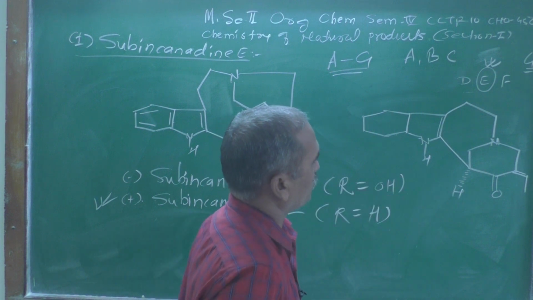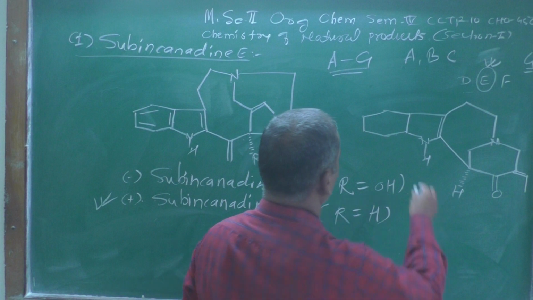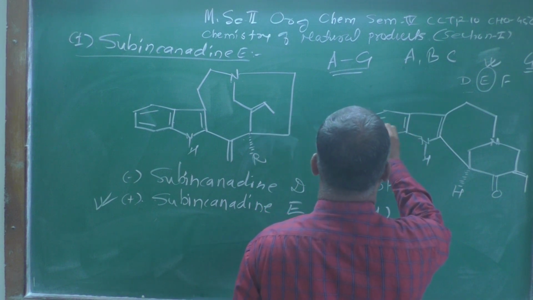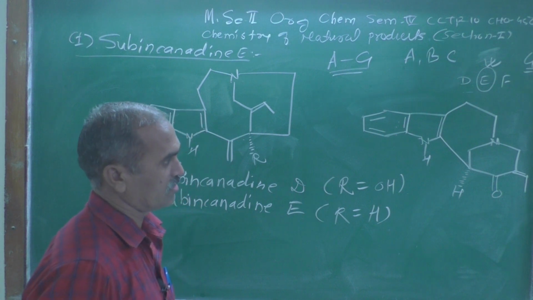Here also is one chiral center you can observe. And now here the double bond of this aromatic compound, the indole moiety, remains as it is.